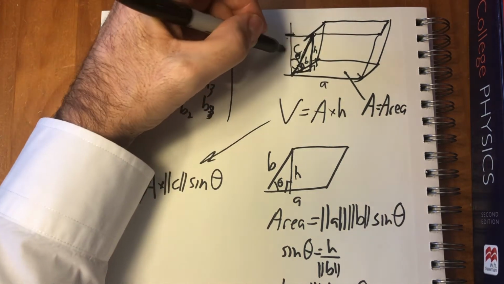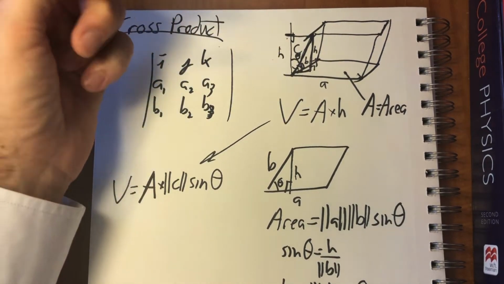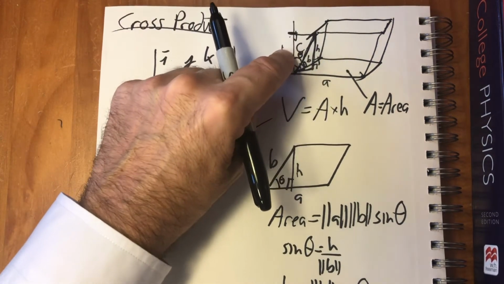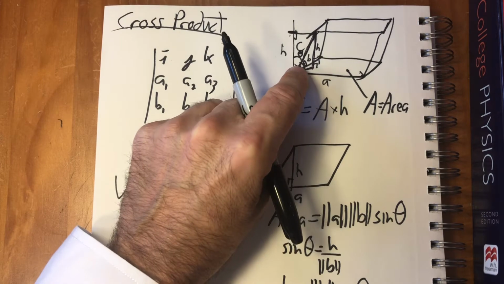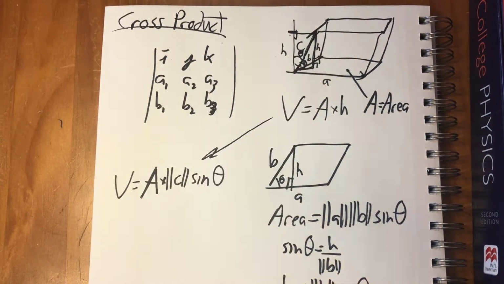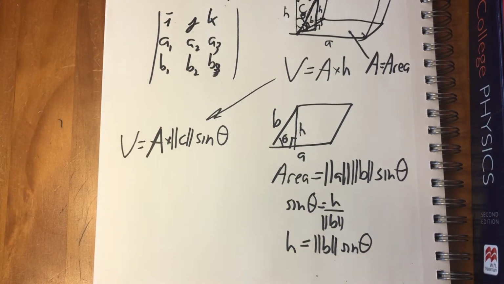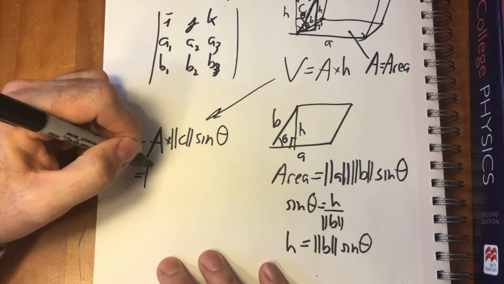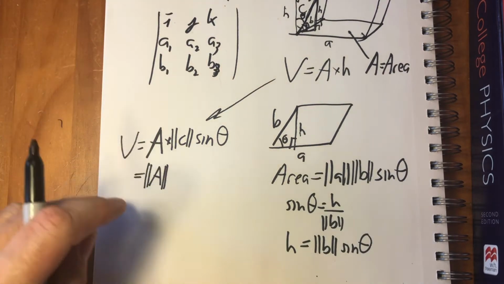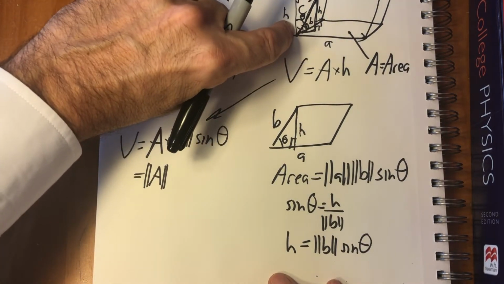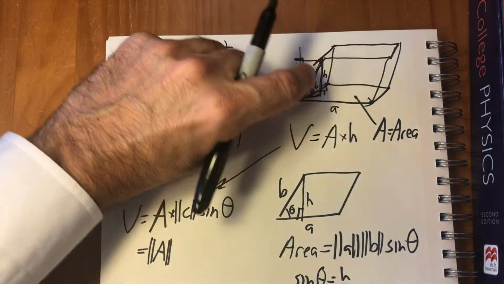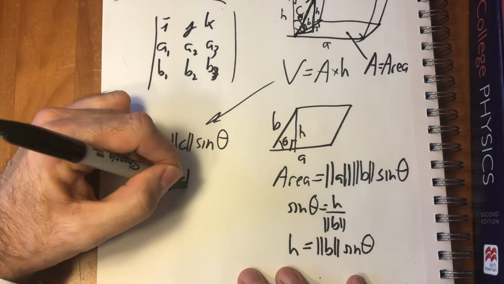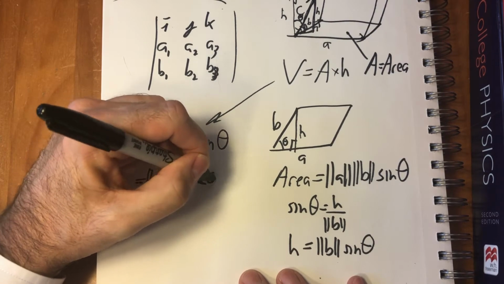So height here is also the length of C times the cosine of this angle instead of times the sine of this angle. Those are the same. So in other words, the volume would also be the value of the area times C times cosine of this angle here.